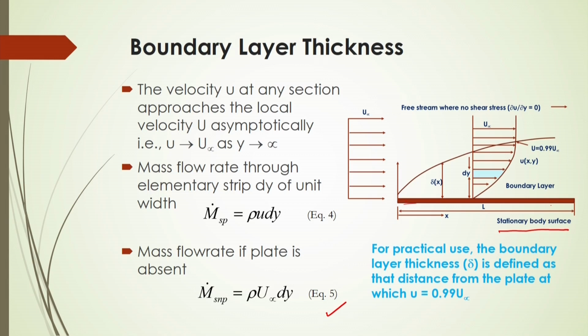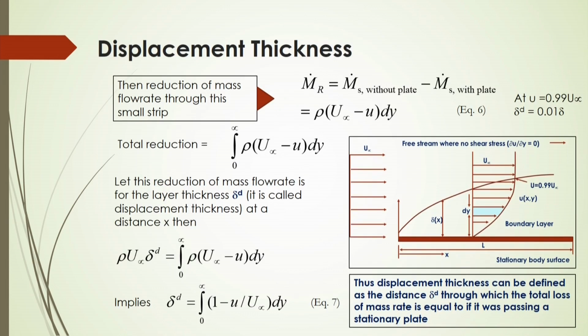The mass flow rate through the elementary strip dy of unit width, and in this case this is unit width. So, we have the mass flow rate through this elementary strip by equation 4, and if there is no plate, then the mass flow rate through this elementary strip is given in equation number 5. What is the reduction of this mass flow rate?